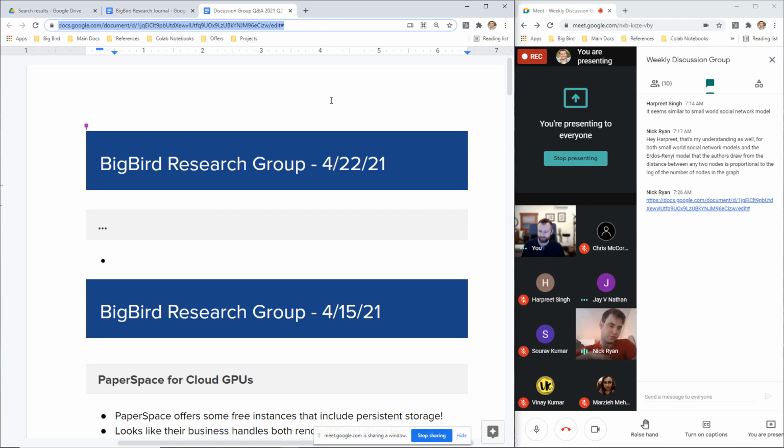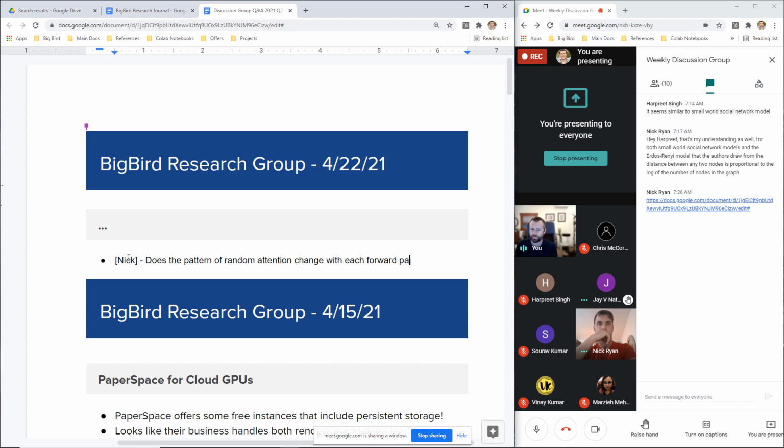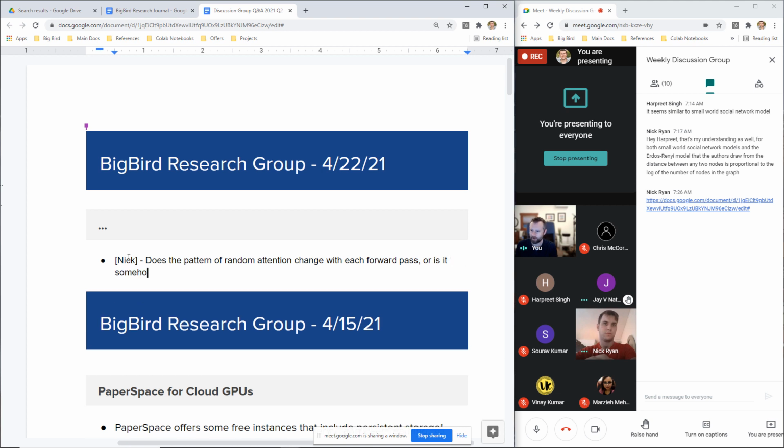Is it like each run through the model, a different set of random tokens are assigned, or what are the kind of details there? Yeah, I had that question too. Does the pattern of random attention change with each forward pass, or is it somehow hard coded?